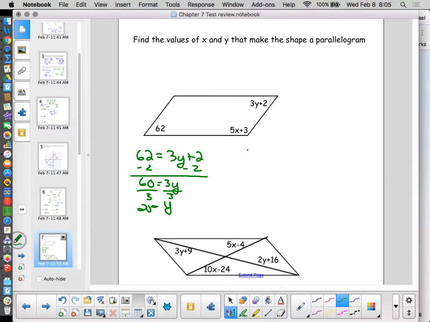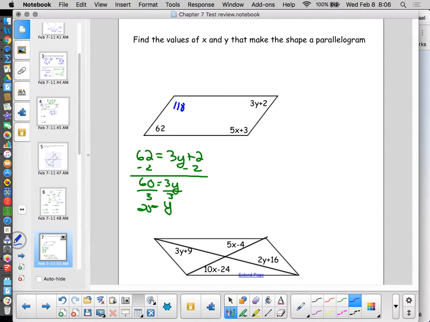And what about x? Now actually there's a couple different ways of thinking about this for x. I could say, oh, if this angle is 62, these two angles have to add up to 180, so this has to be 118, right?